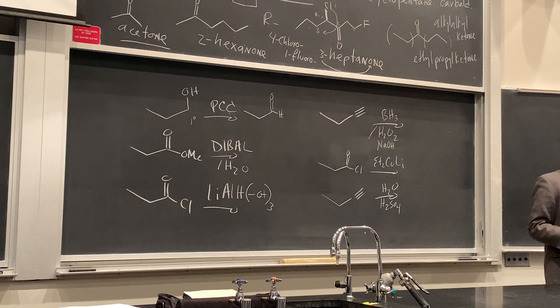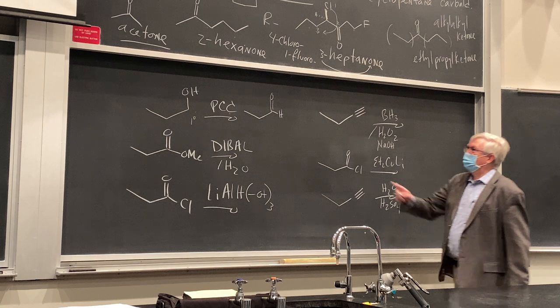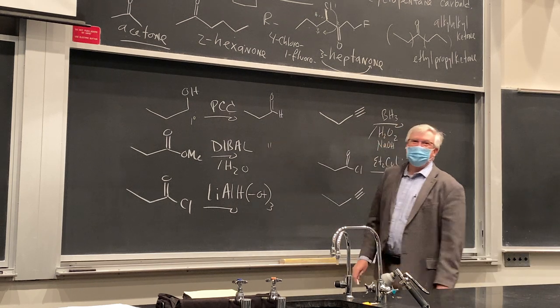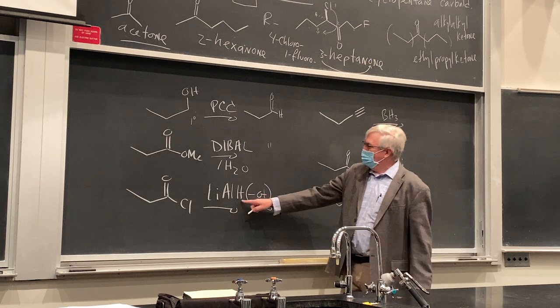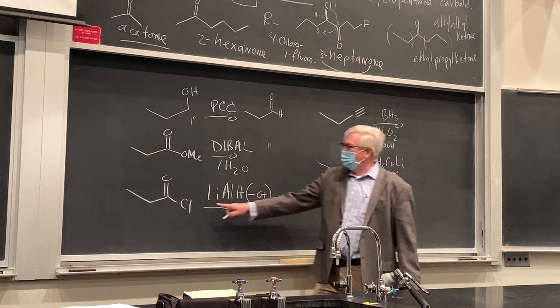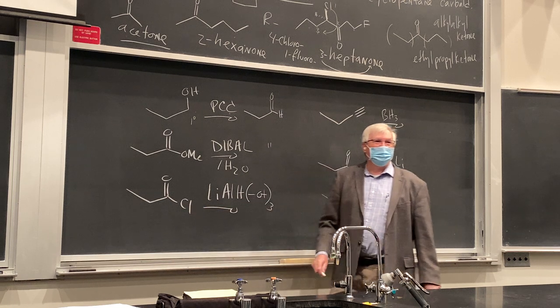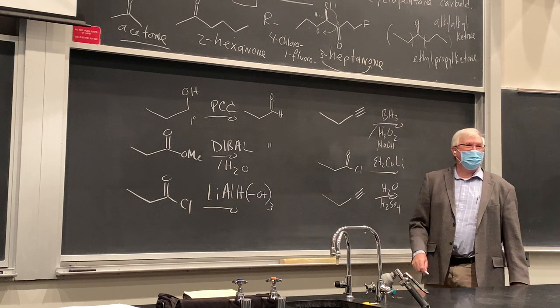It's like aluminum hydride. But an ester, what? Ketone or aldehyde? Aldehyde, very good. In fact, it's the same one. That's easy. Okay. How about this one here? Lithium aluminum hydride tri-tert-butoxide with an acid chloride. So hopefully you're seeing a pattern here. Aldehyde or ketone?